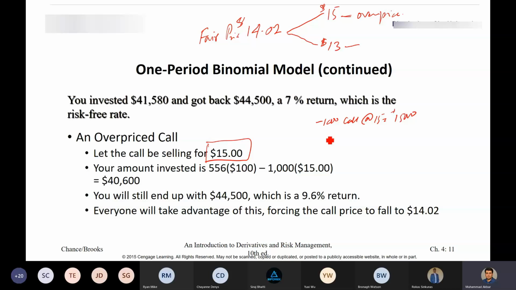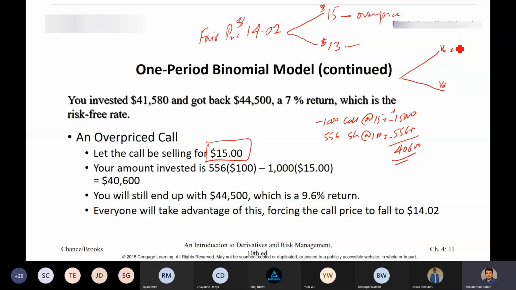And you will buy 556 shares at the rate of 100. So that will be 55,600. So your net investment in the hedge portfolio will be 40,600.